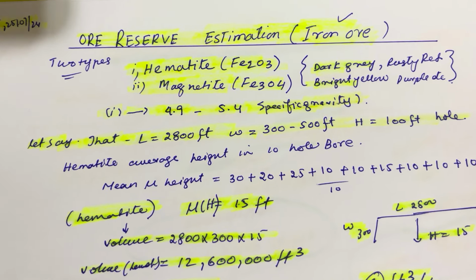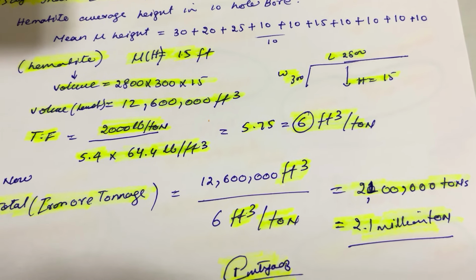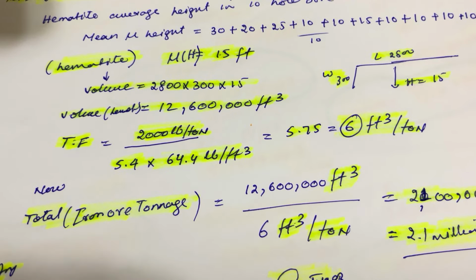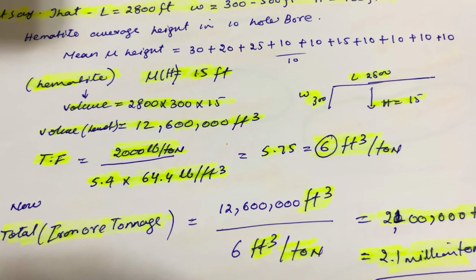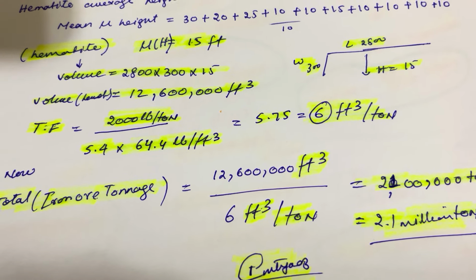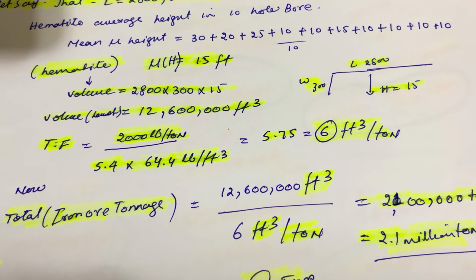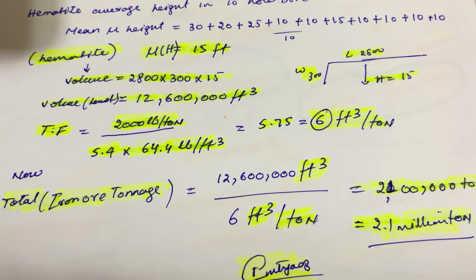Do you know what I'm saying? This is how you can calculate the whole tonnage: you take the average height and then the volume, and this is the hematite ore, economic ore you can mine from this deposit.